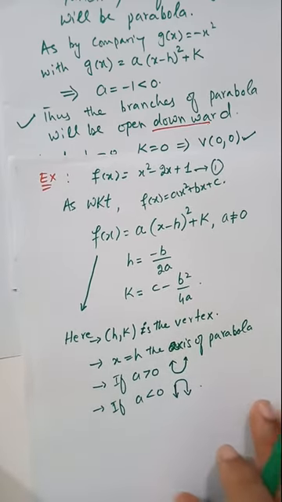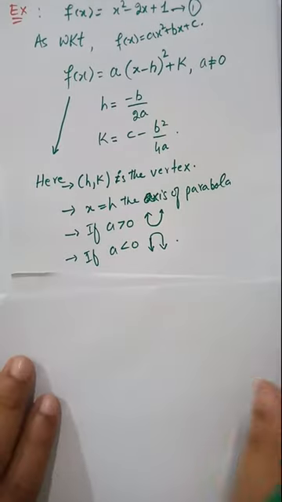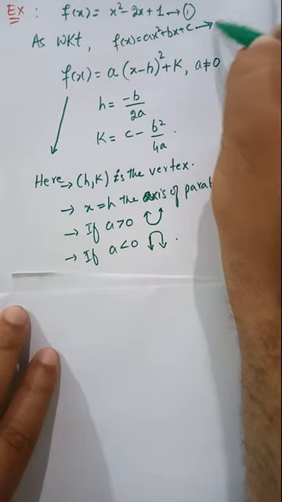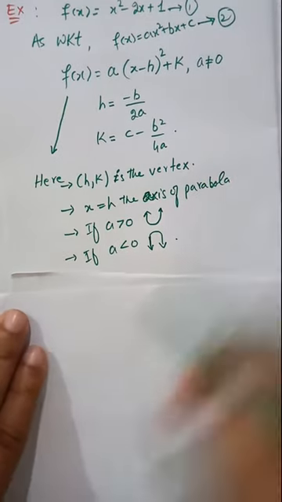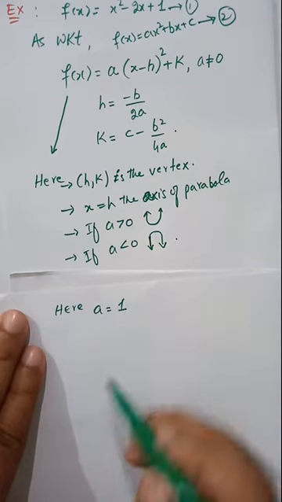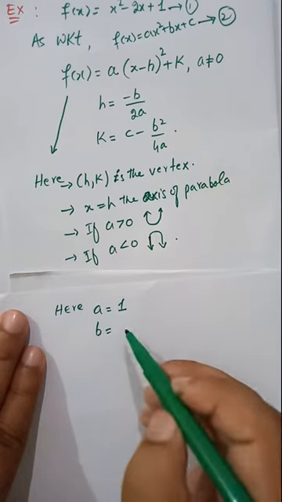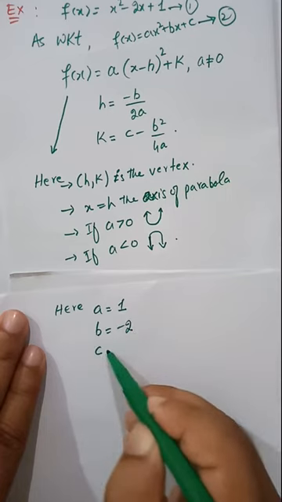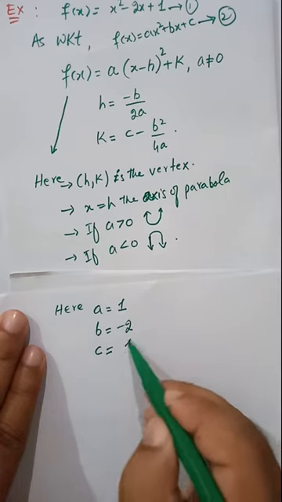Now in this case, when I compare these two functions, here a is equal to 1, b is equal to minus 2, c is equal to 1.